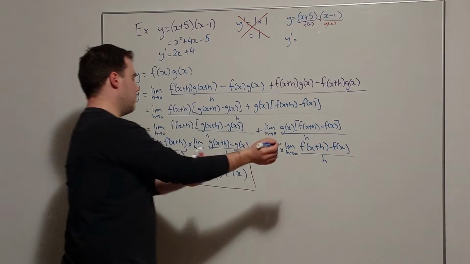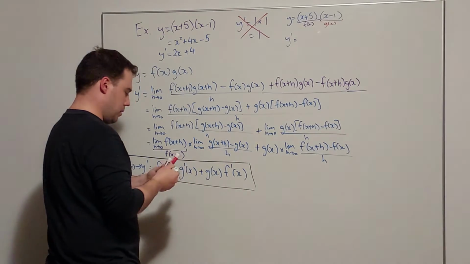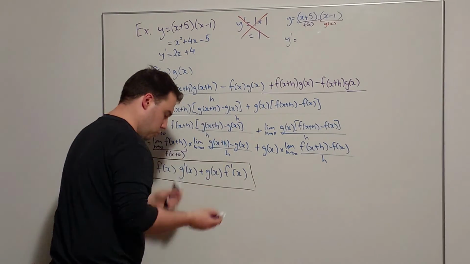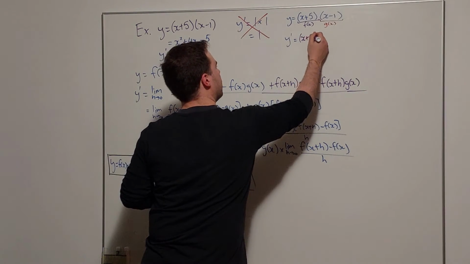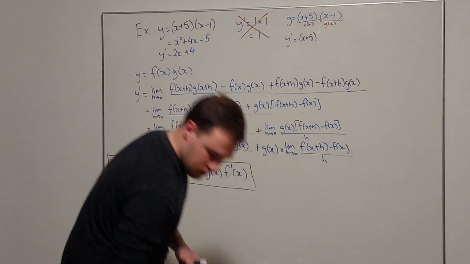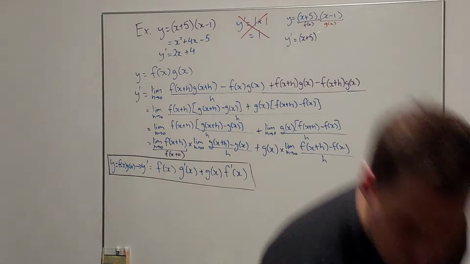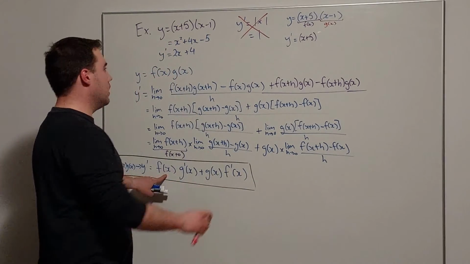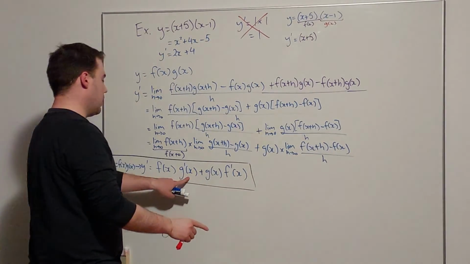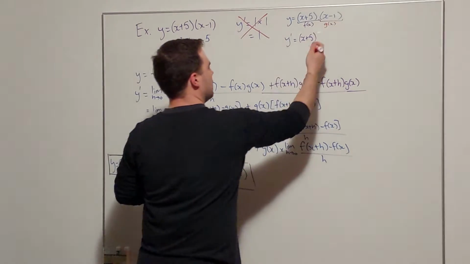So the derivative of this is going to be f of x, right? Let me match up the colors. x plus 5 times by, so that function, times by the derivative of the other function. So the derivative of x minus 1 is 1.